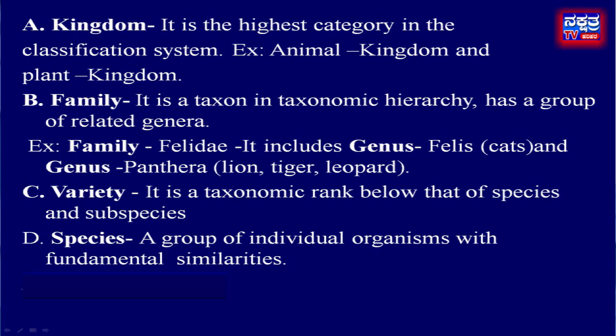Variety is a taxonomic rank below that of species and subspecies. Next, D option is species. A group of individual organisms with fundamental similarities. Example, donkey, horse, zebra. Therefore, in the given options, species is the right answer.